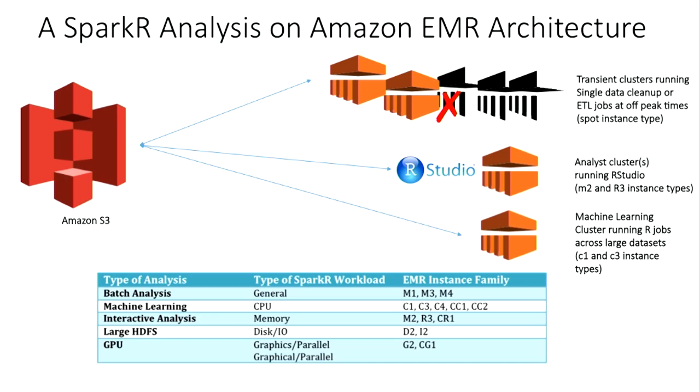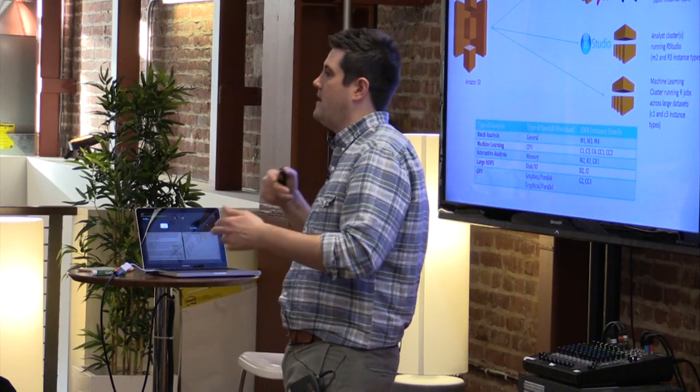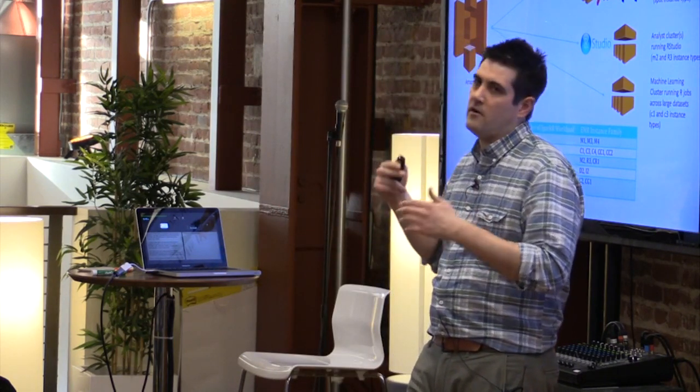At the same time, you might have a long-running cluster that's optimized, very memory-heavy compute, so you can have a lot of different analysts coming in and doing their descriptive statistics there, setting up their models, and they're going against a nice GUI like Zeppelin or R Studio.